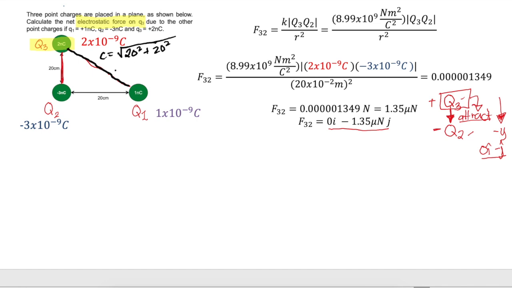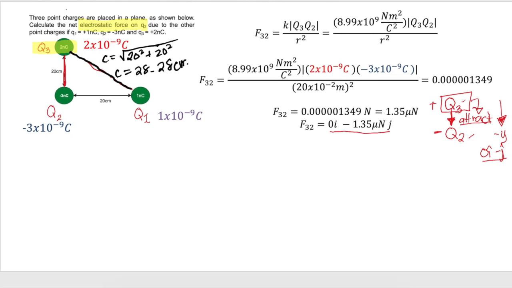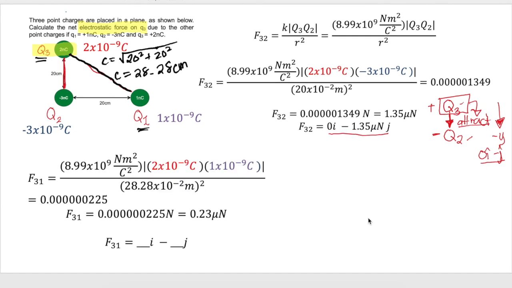Taking the square root of that, you will have c is 28.28 centimeters. So that's the distance between Q1 and Q3. So let's compute for Q1.